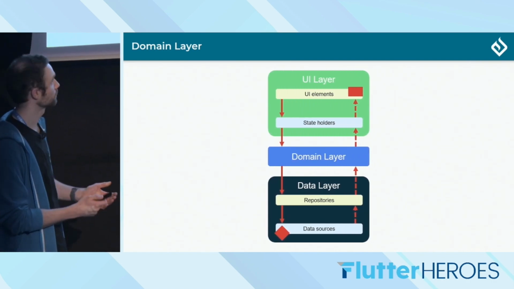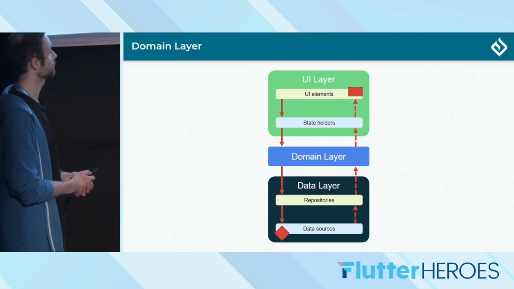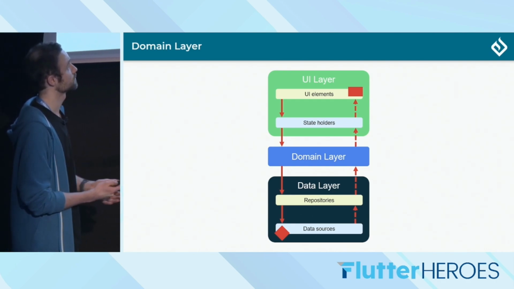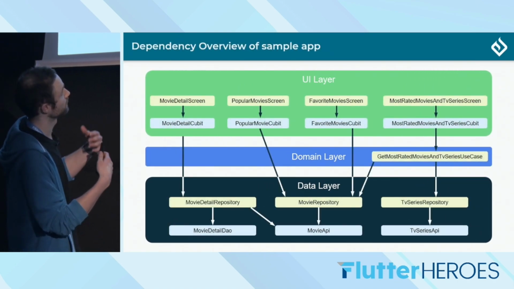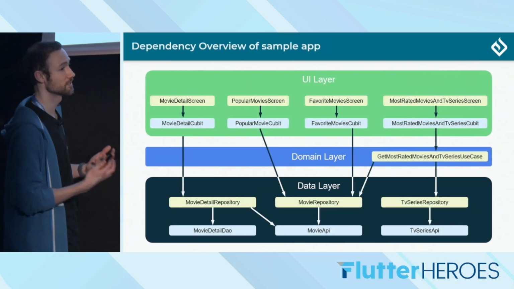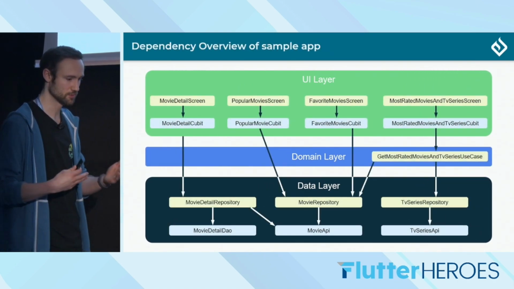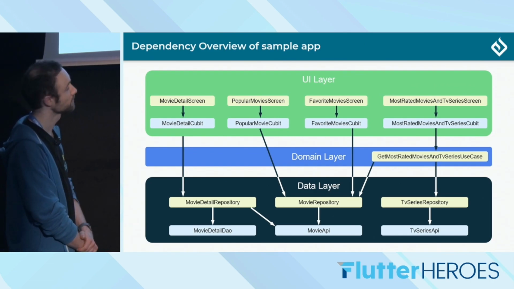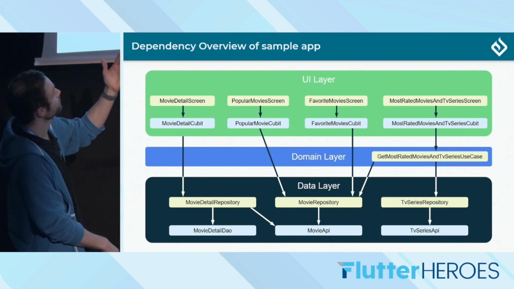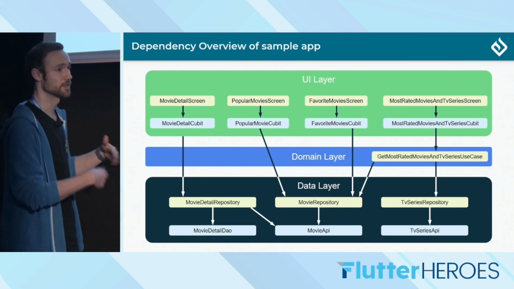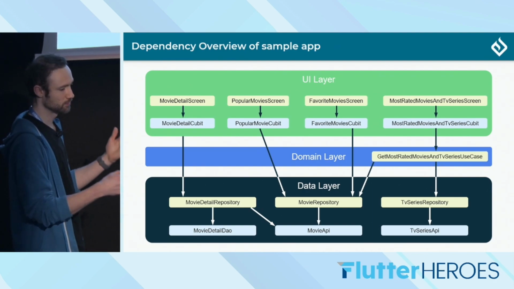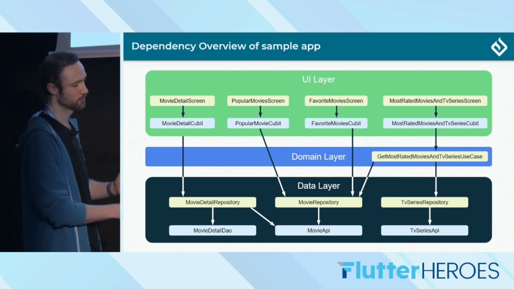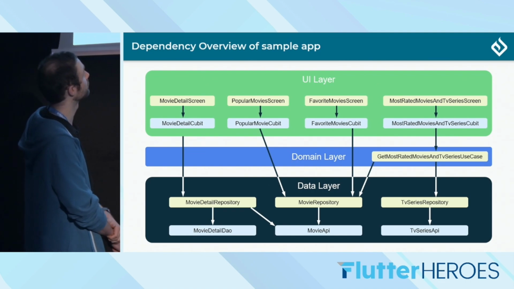And now, maybe as an overview, since you have seen a little bit of the app I was using, let me give you a little overview of what I've used inside this app, so that you can also see how the components interact with each other. At the top, we have our different screens, these are the widgets I've used, and some of them were also shown, for example the movie details screen and the popular movie screen.